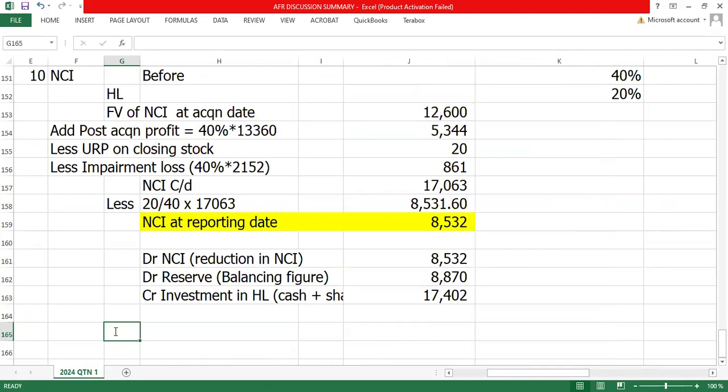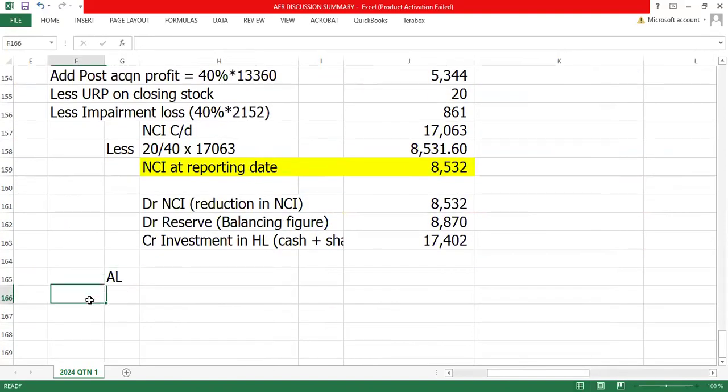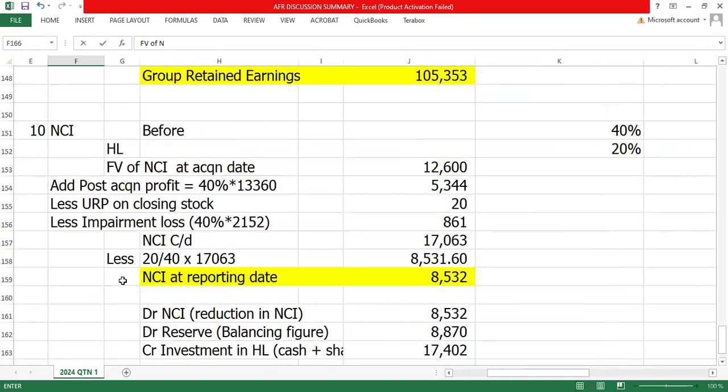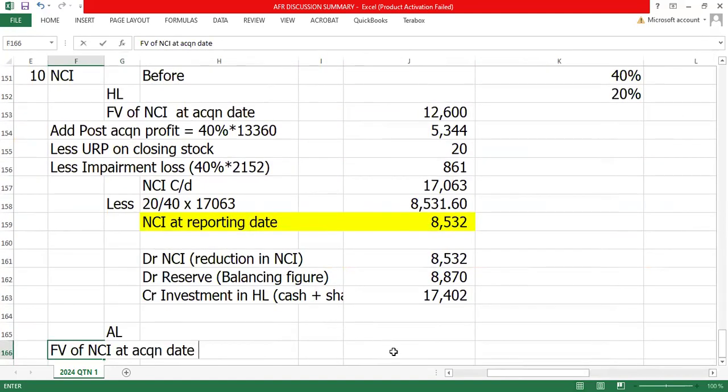Okay. The NCI for AL, what was the fair value of NCI at acquisition? Can you go back to the question, please? I thought you had recorded it.